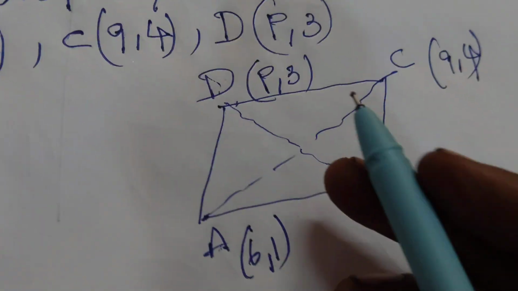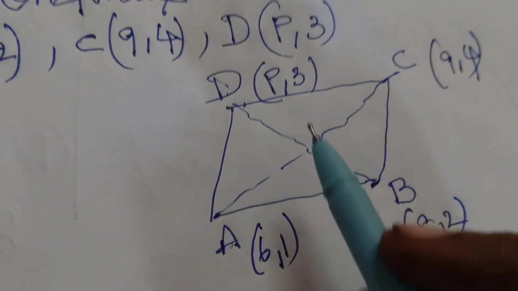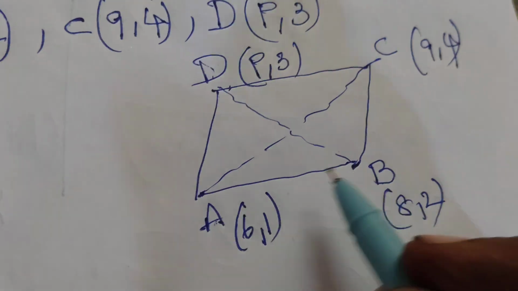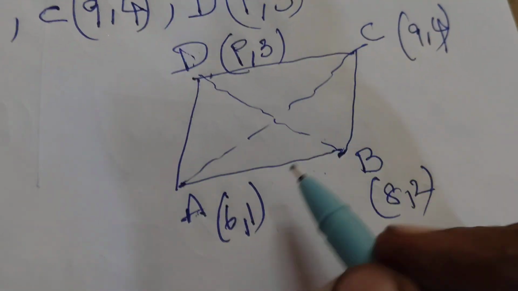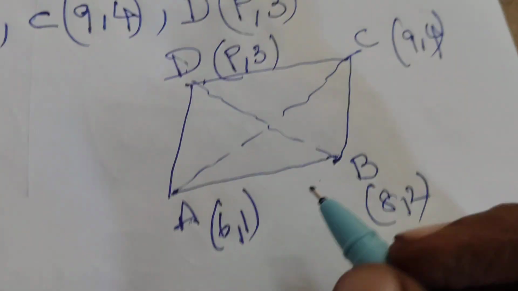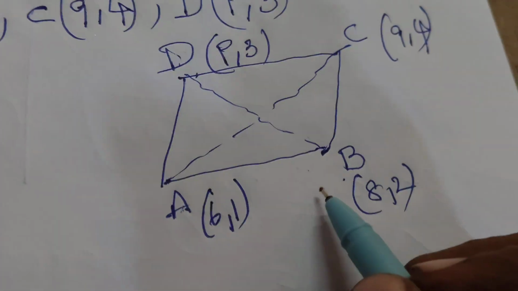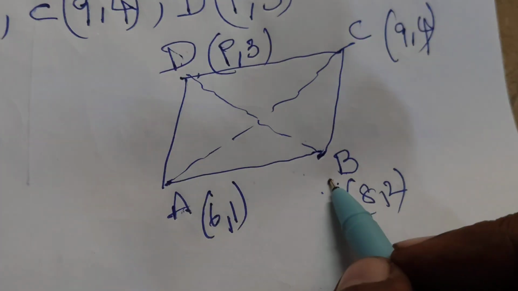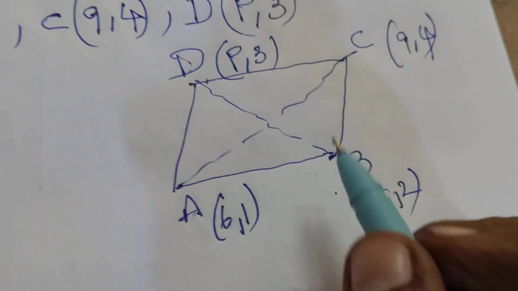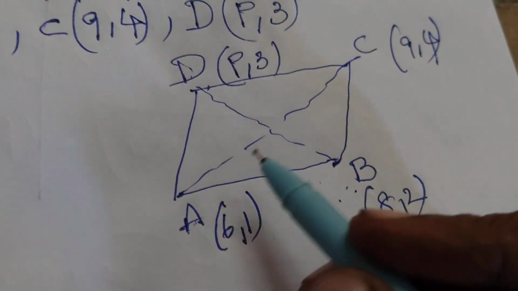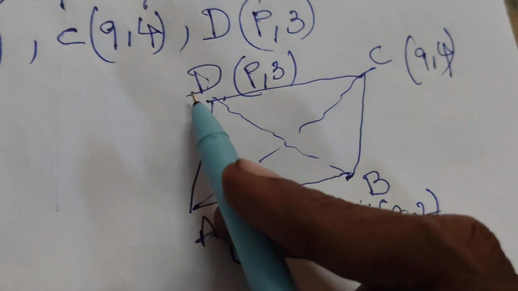We know the condition in a parallelogram: the midpoint of diagonal AC equals the midpoint of diagonal BD.